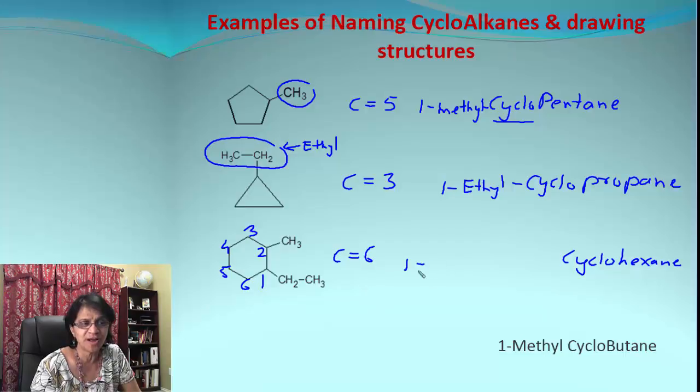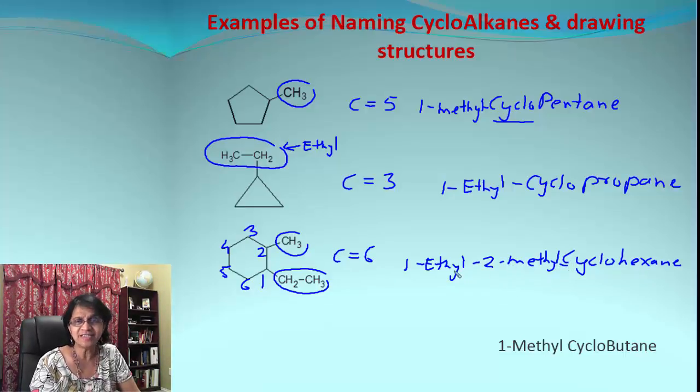So at position number 1, we got the ethyl group. And at position number 2, we got a methyl group. So there you go. That's the name. 1-ethyl, 2-methyl cyclohexane.